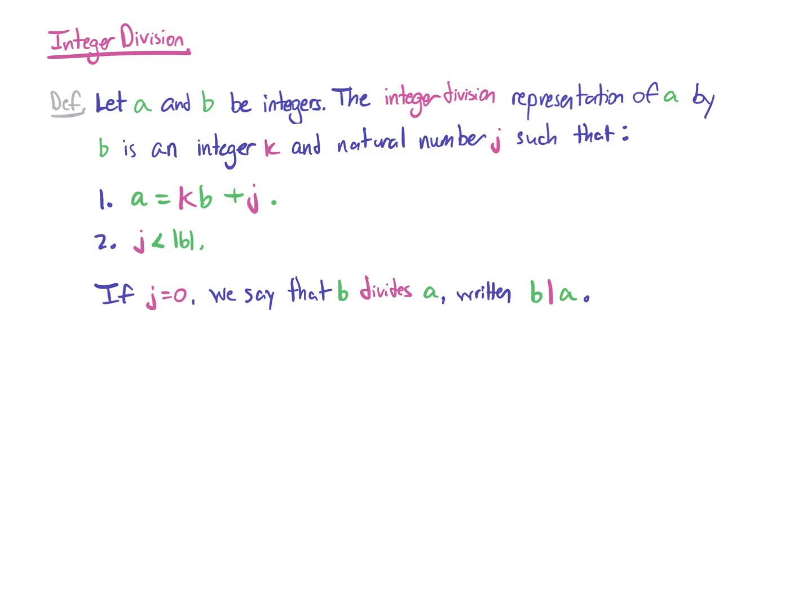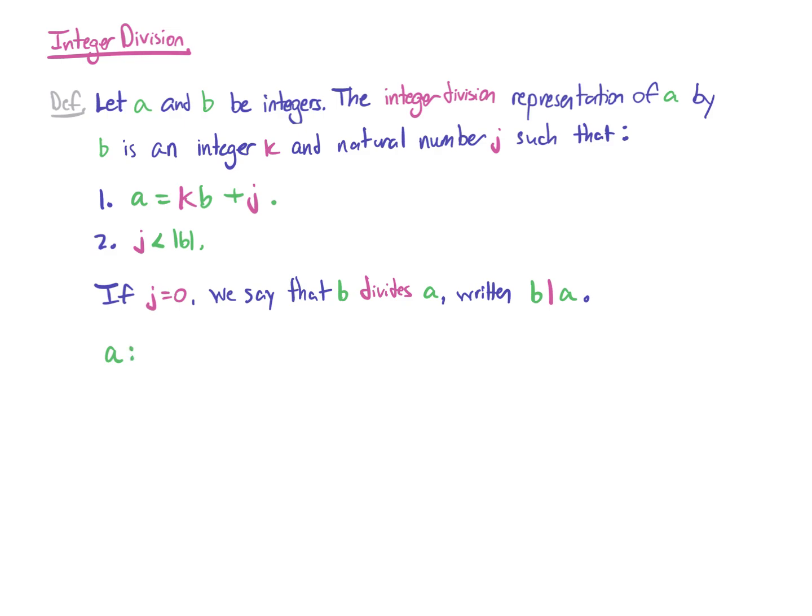So there's some familiar terminology floating around here. We've all heard of integer division. Maybe the idea that one integer divides another is relatively familiar as well. There are a few vocabulary words that you don't need to remember, but can be useful to have in your back pocket or in your notes.